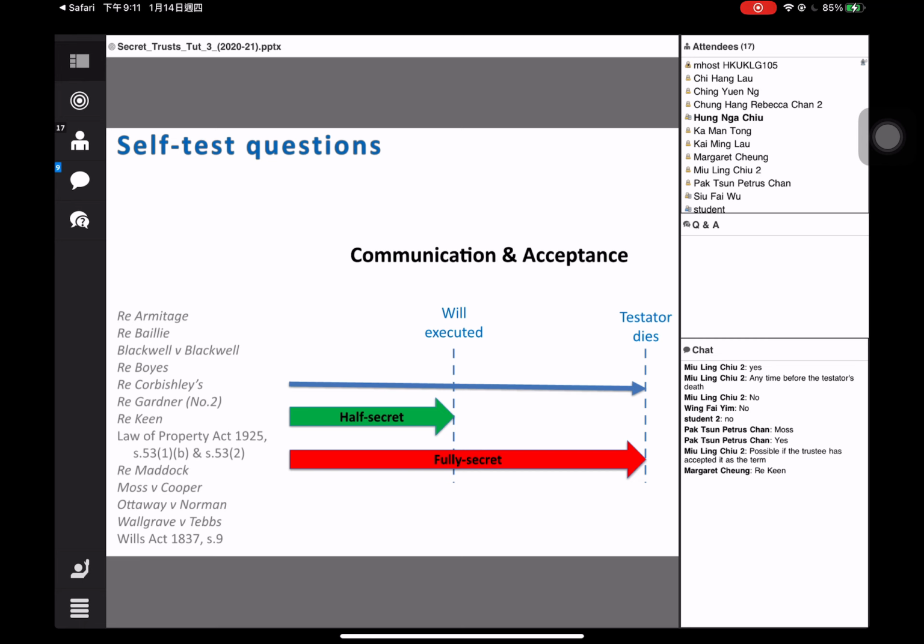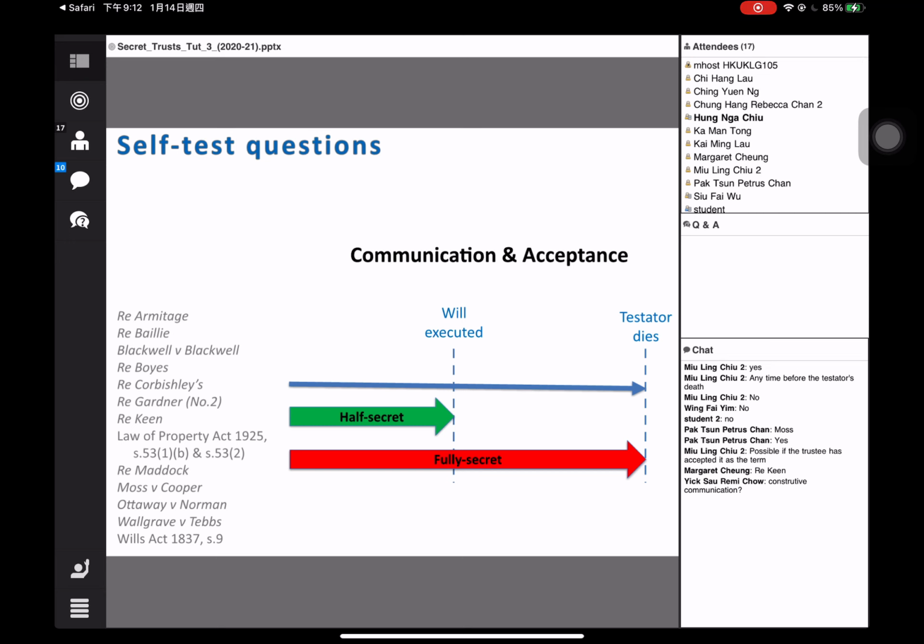If it's not actual communication of the terms, it's what? Constructive communication. Well done. Yes, constructive. It's constructive communication. And that's valid according to Re Keane and Re Boys.